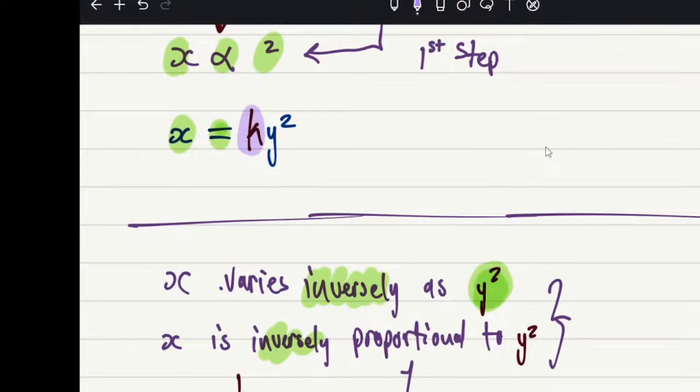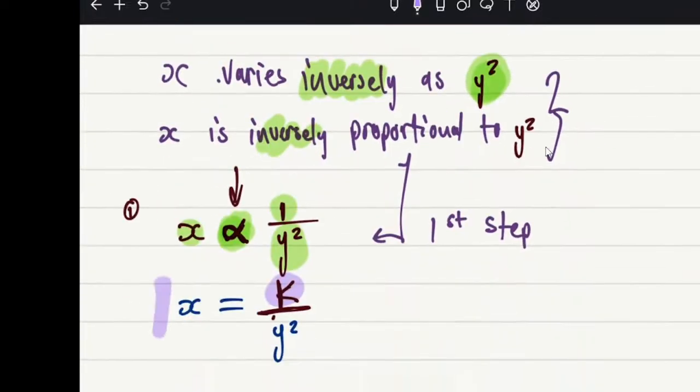So once I have an equation, the next step is to remove K. How do I remove K?